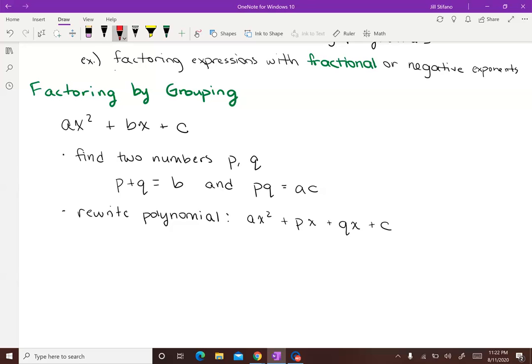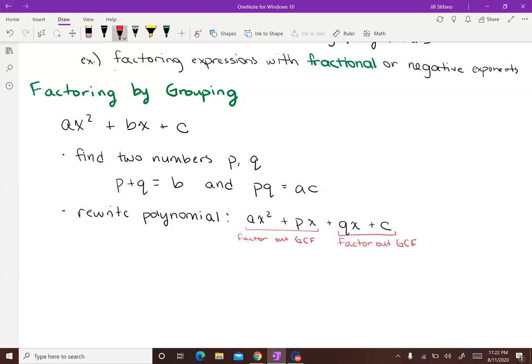Once we have this, we factor the greatest common factor out of the first two terms. We factor out the GCF. We do the same with the second two terms. Factor out the GCF.